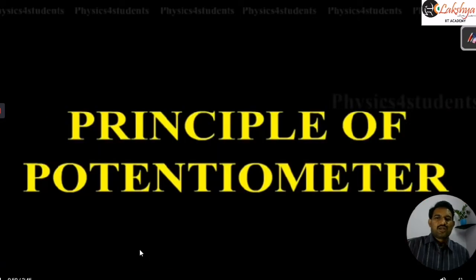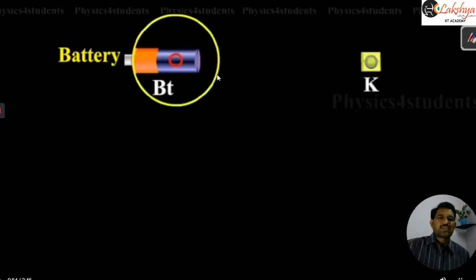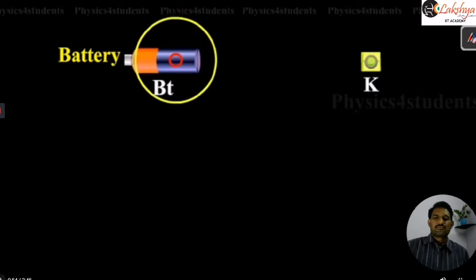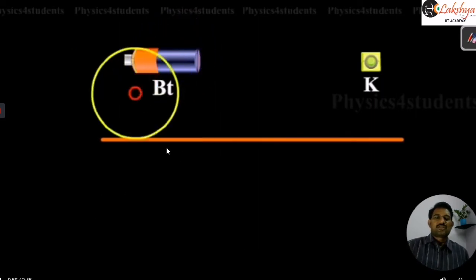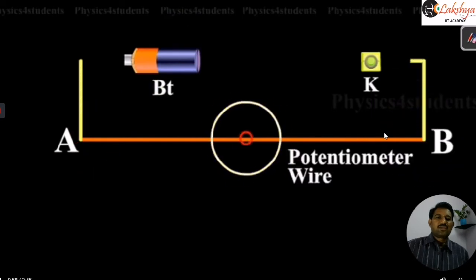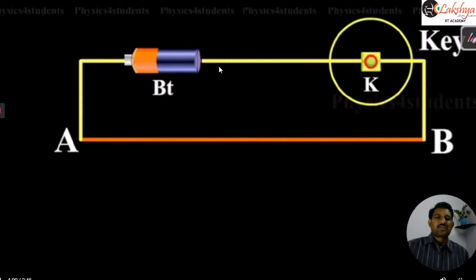Now see the principle of this potentiometer. We are taking some battery, as we discussed. We are going to describe the primary circuit now. So this is a battery in the primary circuit, which provides a constant EMF. And then this is the potentiometer wire AB, and then this is a plug key, and then the battery is connected here.